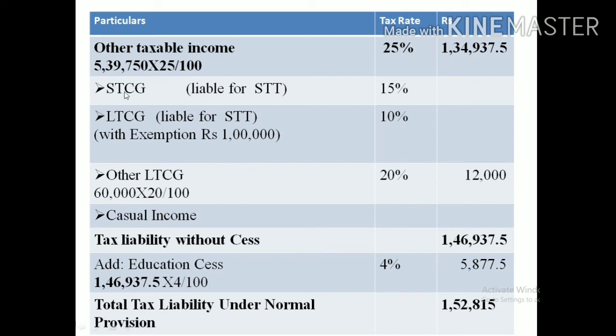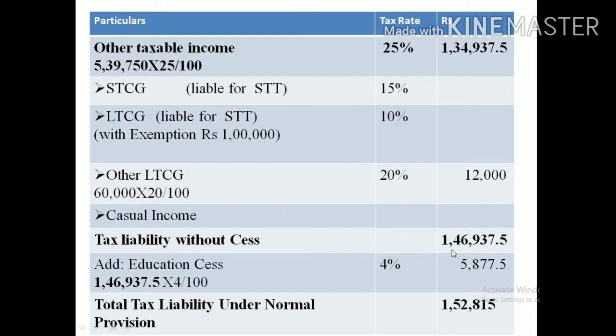at 25%. You will get 1,34,937.5. Then going forward, short-term capital gain liable for STT at 15%, there is no income. Long-term capital gain liable for STT with exemption of 1 lakh at 10%, there is no income. Other long-term capital gain, that is 60,000 at 20%, we will get 12,000. Casual income, there is no income here.